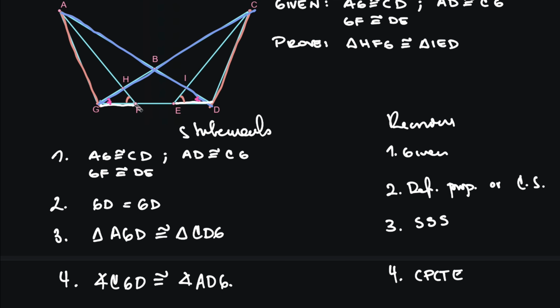So we are only left to find that this angle is congruent with this angle. How can we do it? We already discussed that if we prove that these two triangles are congruent, then we can prove that the two angles that we need are congruent.